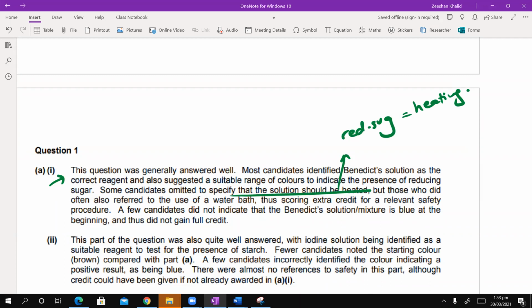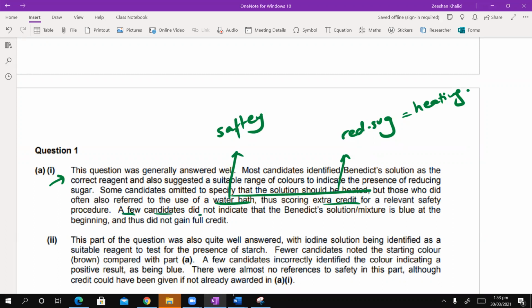But those who did often also refer to the use of water bath. Water bath happens to be one of the safety features. You can very well heat it under the Bunsen burner, but you don't do that. You do it in a water bath, thus scoring the extra credit for a relevant safety procedure, because that's what he said in the question. How would you carry out the test safely?